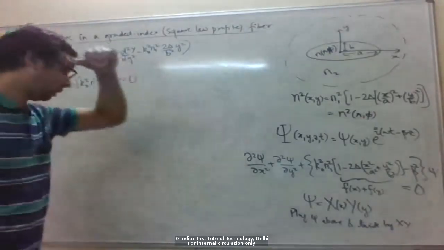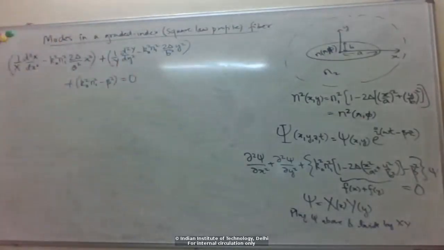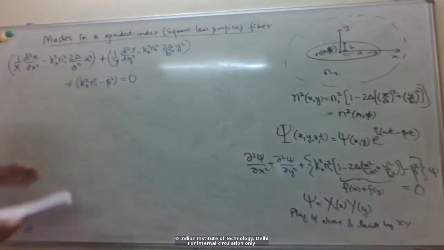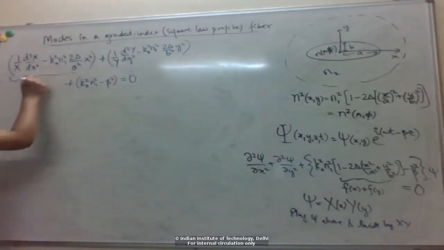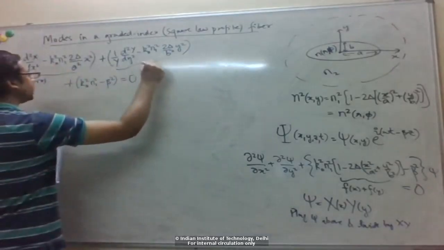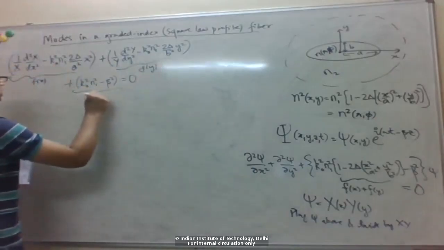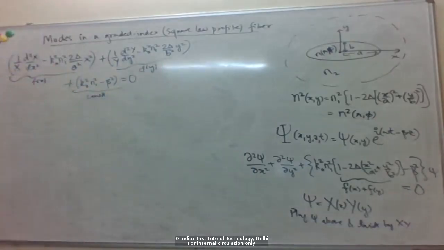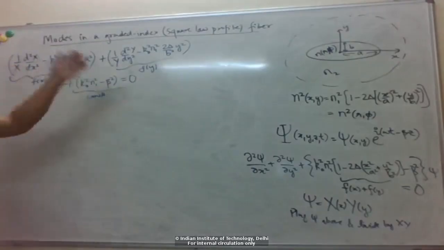So yeah, straightforward. Basically we separated out the terms. So this is, again, a function of just x. This thing is just a function of y, and this thing is a constant. And they all add up to give 0.